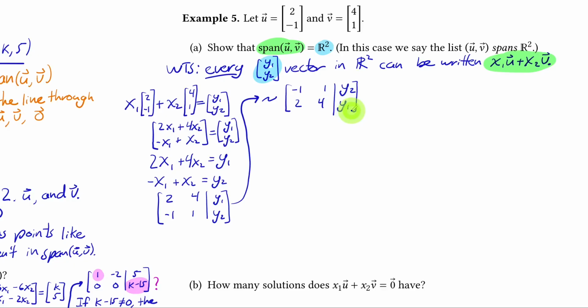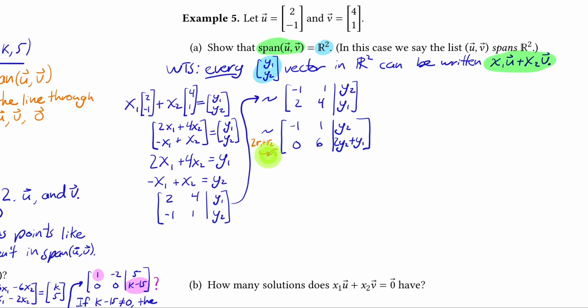And then we can clear away this 2 by doing 2 times row 1 plus row 2. So 2 times -1 plus 2 is 0. 2 times 1 plus 4 is 6. 2 times y2 plus y1 is that.